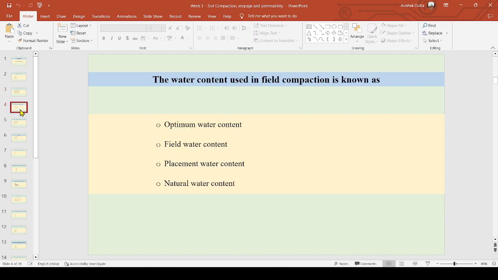The water content used in field compaction is known as, the options are optimum water content, field water content, placement water content, or natural water content.